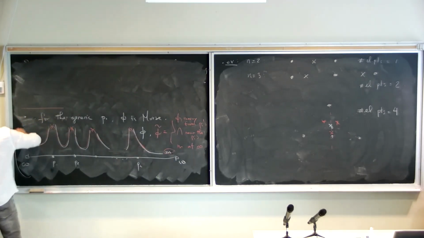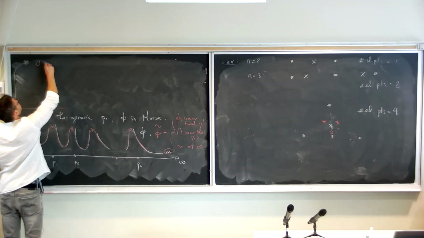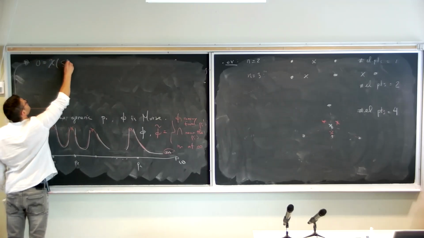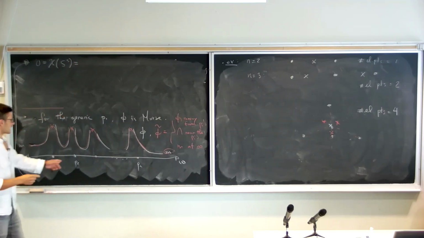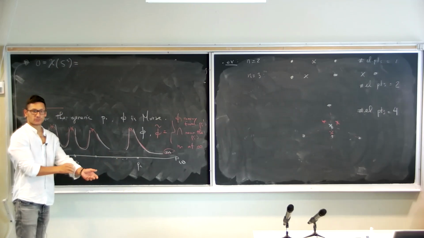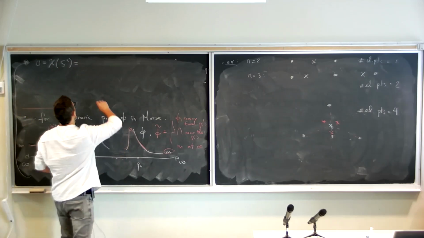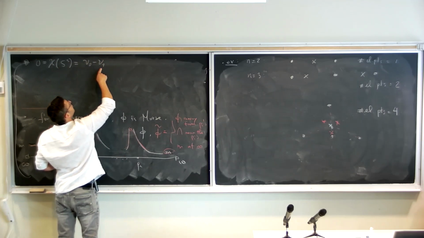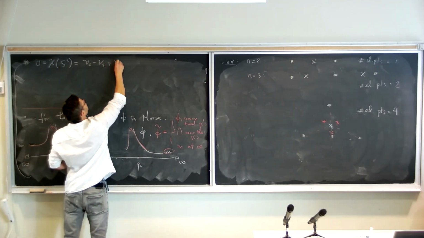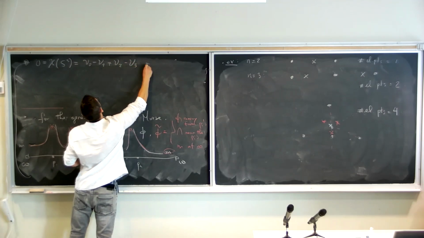Now we do the following. The Euler characteristic of S3 is 0, of course, and that's the alternating sum of the number of index i critical points of this function. So this is the number of critical points with index 0, 1, 2, 3.